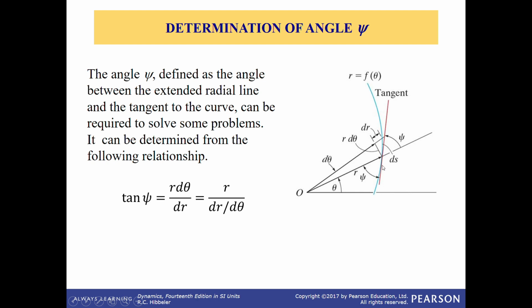The tangent is at the particular position that we want to analyze, and then we need to take a 90-degree about that path, and then we can check for its tangent. So the angle C is actually measured from the radial line to the tangent line here.